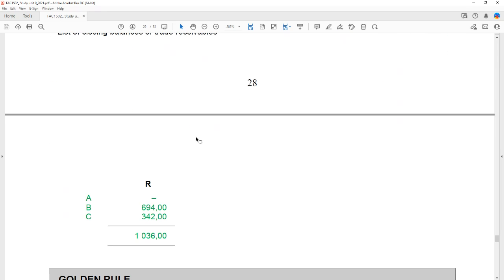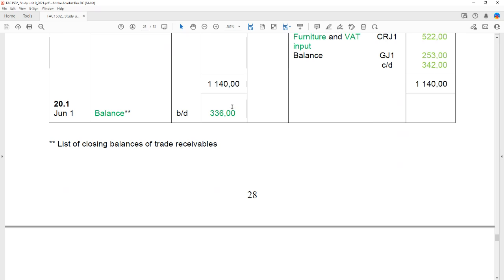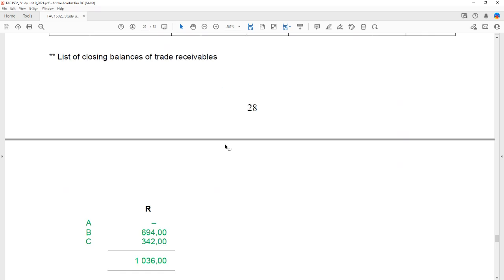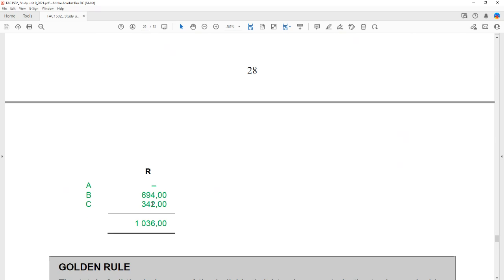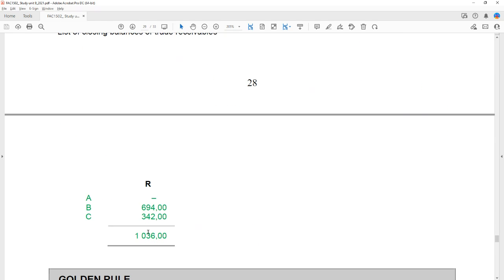So I think this is just a mistake here, that 336 should just be 342, because my balance carried down should be my balance brought down, and that is 342. So if I take my 694 plus my 342, it gives me my 1036.